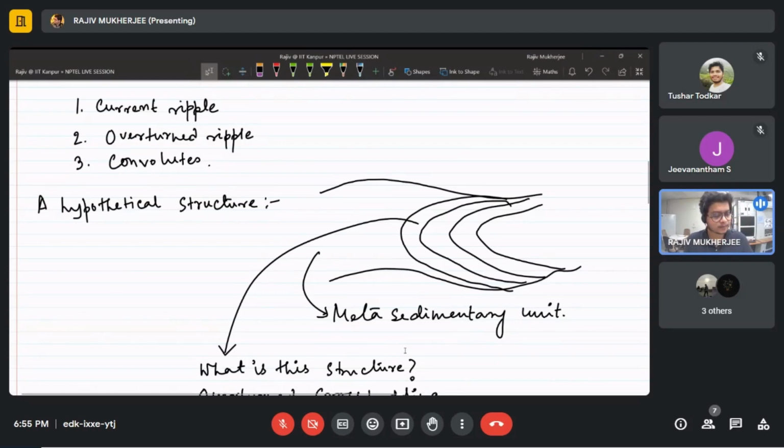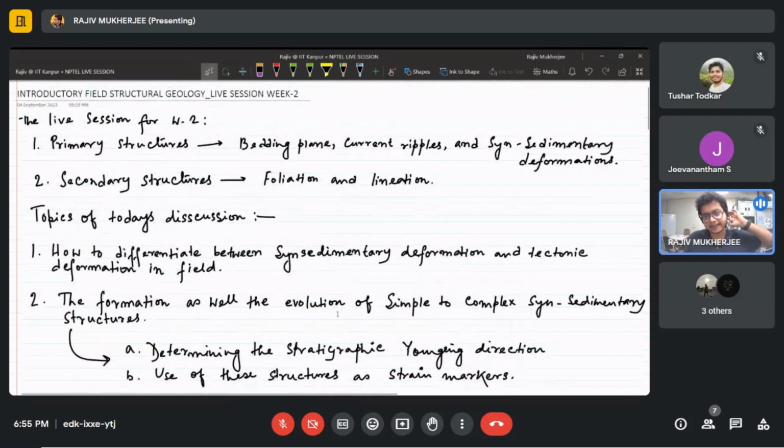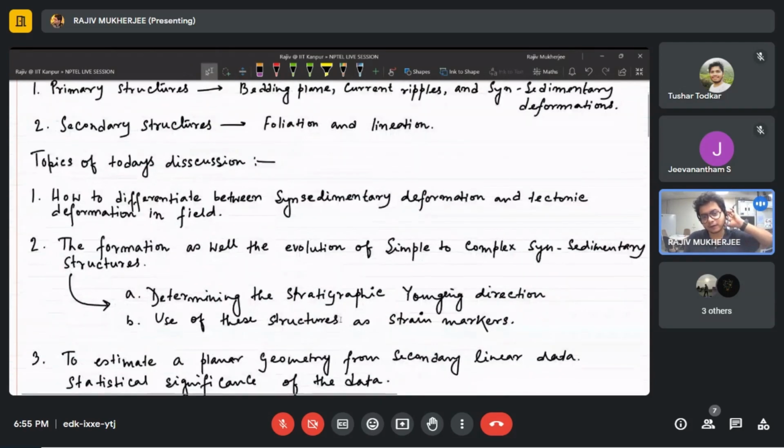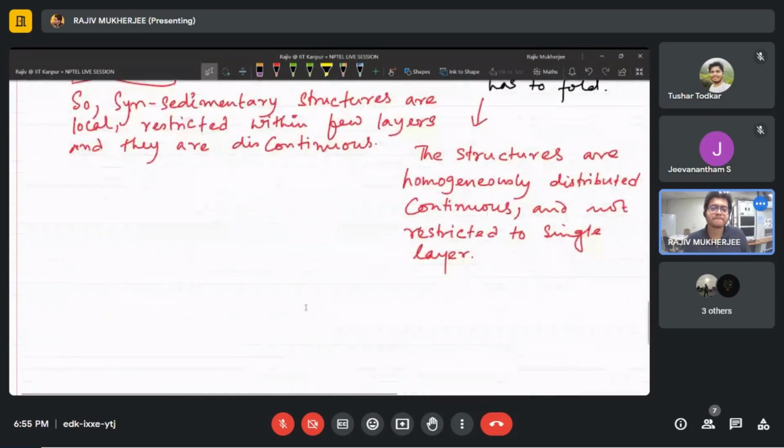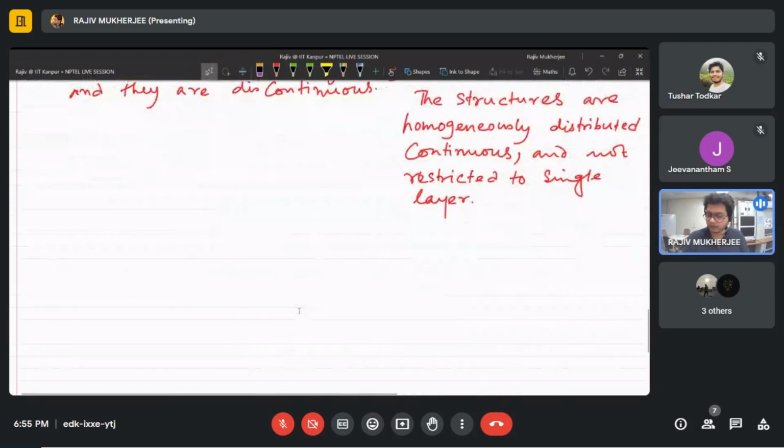so coming to our next point, which is secondary structures, I'm sorry, the formation and evolution of simple to complex sedimentary structures, their use in determining the Younging direction and strain markers.